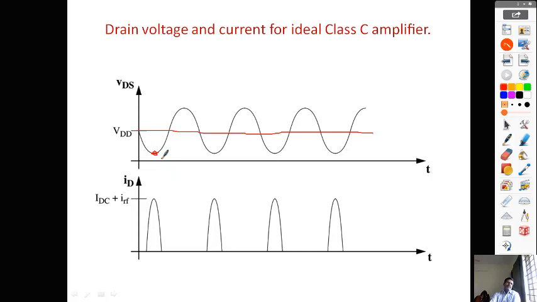Since the channel impedance is low, the current through the channel will be maximum. Therefore, corresponding to this point on the time scale, the current is maximum. And this current is IDC plus IRF. So this current can swing from 0 to maximum. This maximum corresponds to the lower VDS voltage, which gives the lower impedance on the channel.